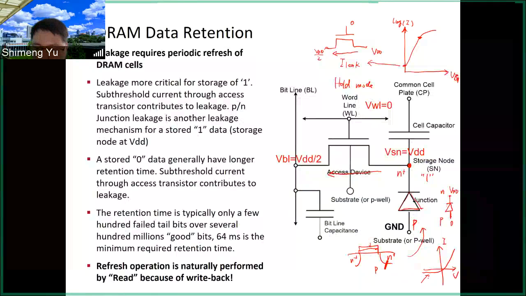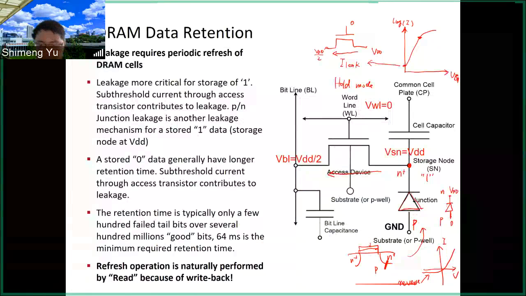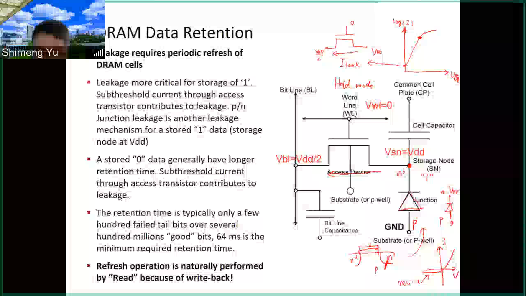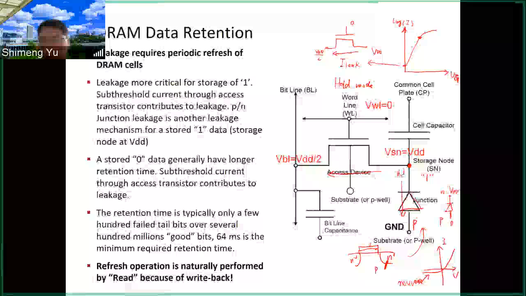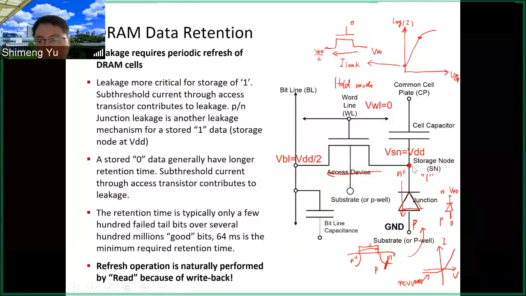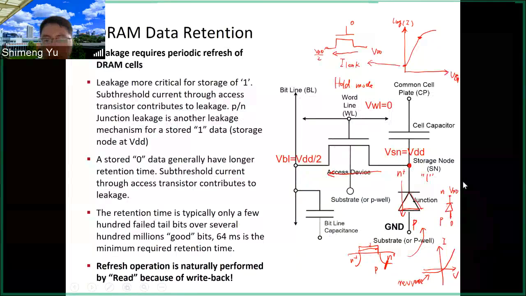So this is a reverse current due to the drift of the minority carrier. So you have the reverse current, and that means this is leaking as well. So you have those leakage currents to discharge this node. That means this voltage will decay over time.